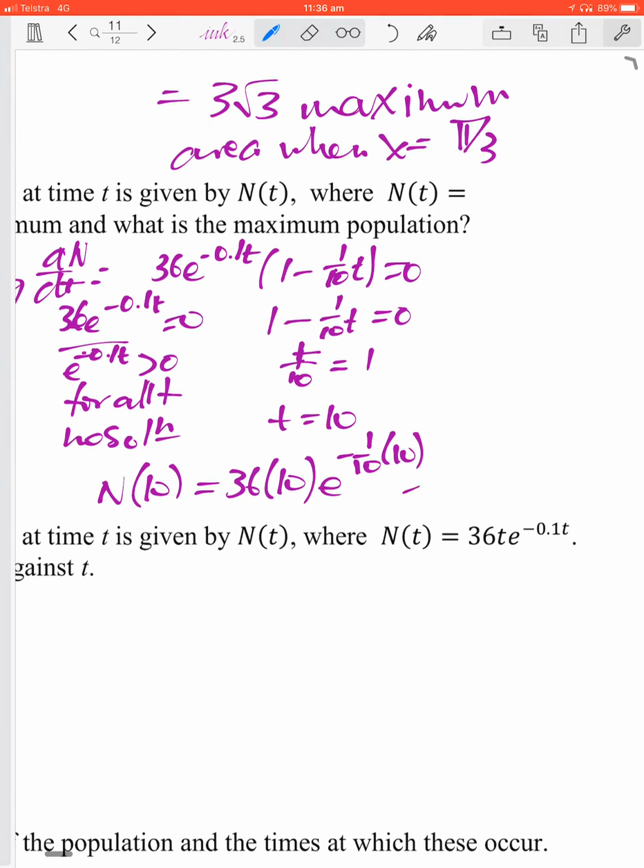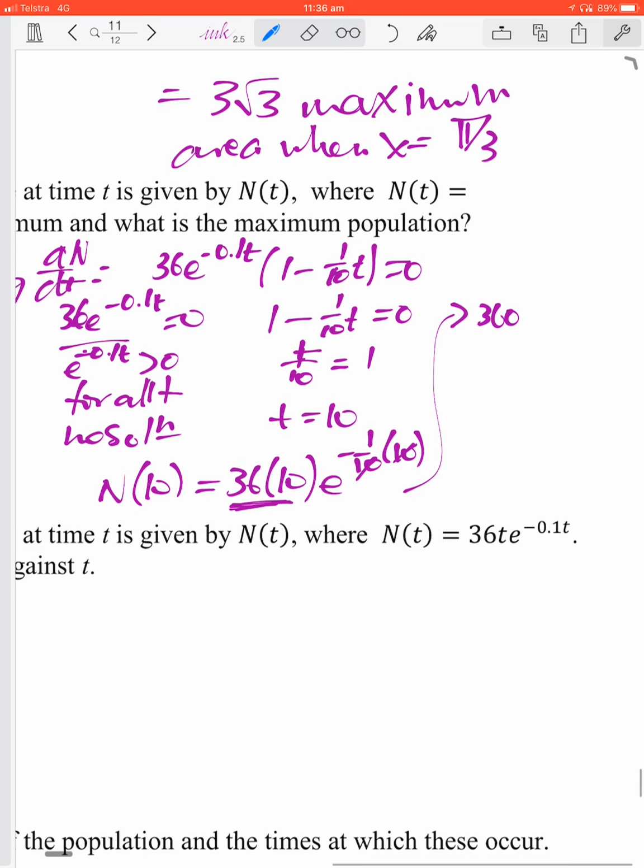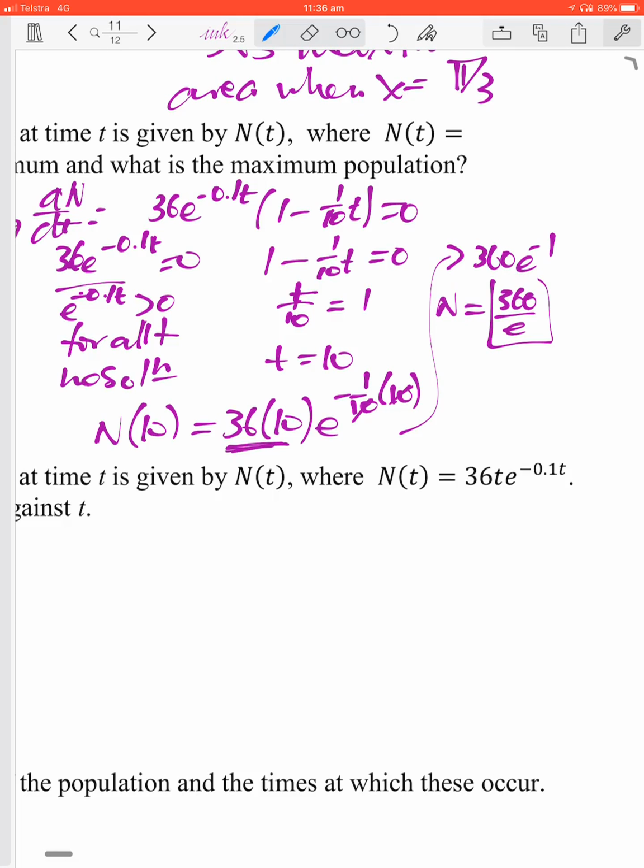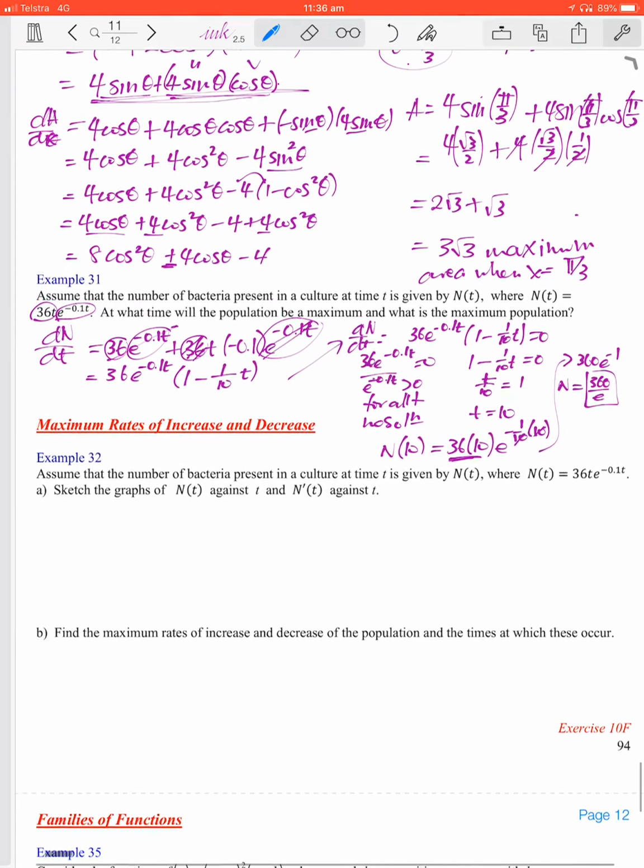So our maximum population is going to be 360, and e to the negative 1, so n equals 360 on e. Okay, so that's our maximum population when t equals 10.